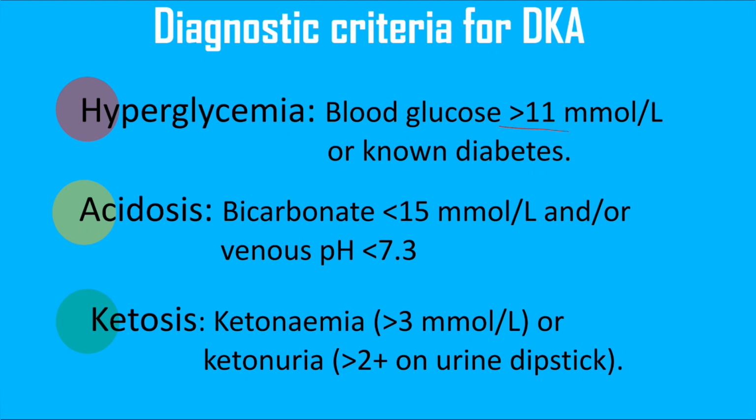To change it to milligram per deciliter, you have to multiply it by 18. Or the patient is known to have diabetes. Acidosis, when you send for VBG, venous pH less than 7.3 or bicarbonate less than 15. Ketosis, when the ketone in the urine is more than 2 plus or in the blood more than 3 millimole per liter.